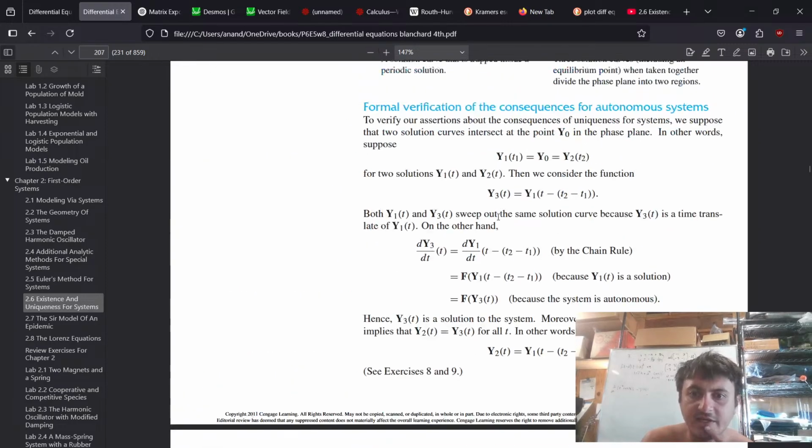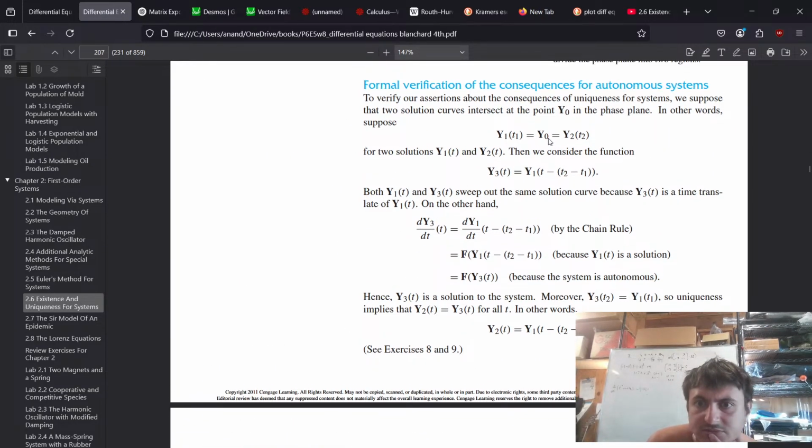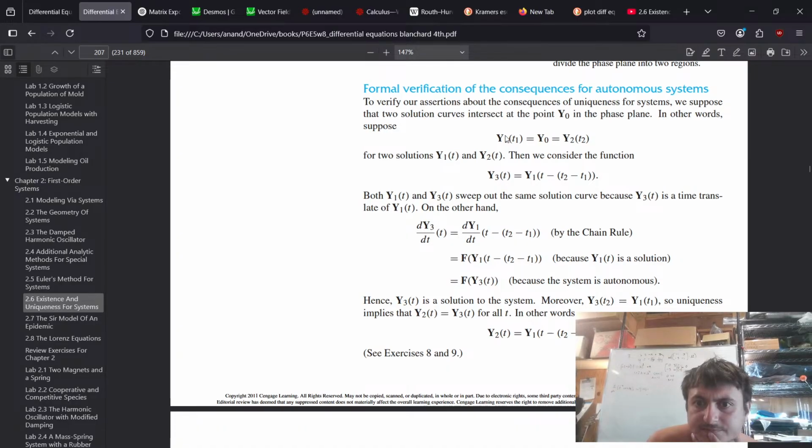But how did they do this proof? I didn't really understand this thing. So, okay, two solution curves share some value at two different points. This is going to be t minus... let's say this is 1 and this is 2.